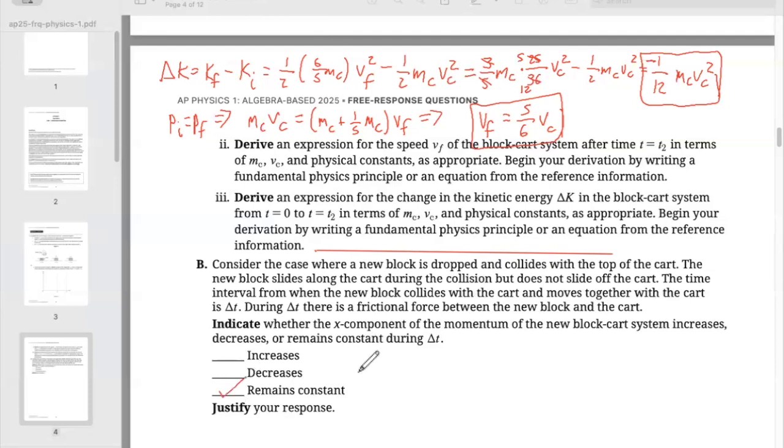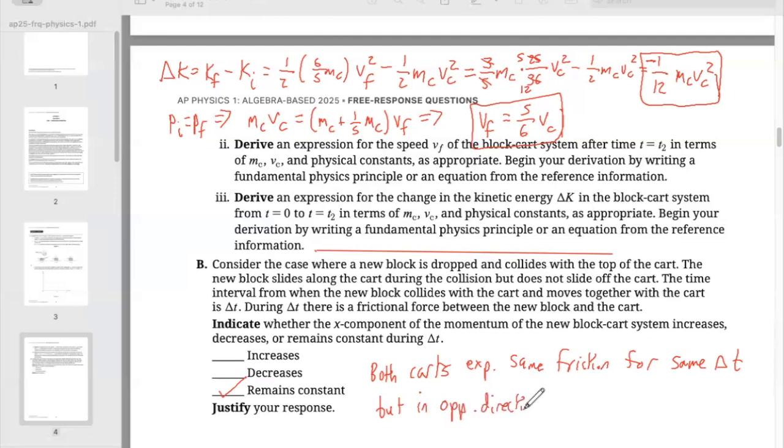Unless I'm just really underthinking this, I think it has to be constant because both carts experience the same friction force for the same amount of time, but in opposite directions because of Newton's third law.